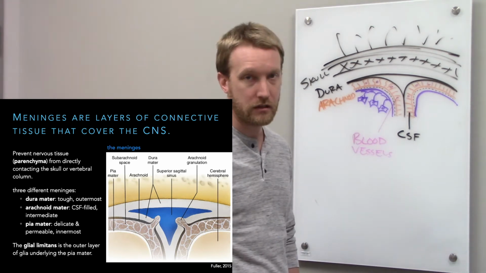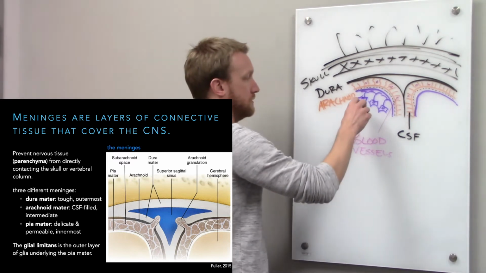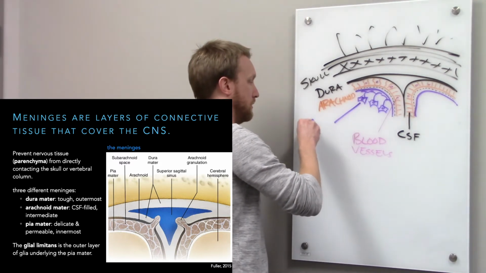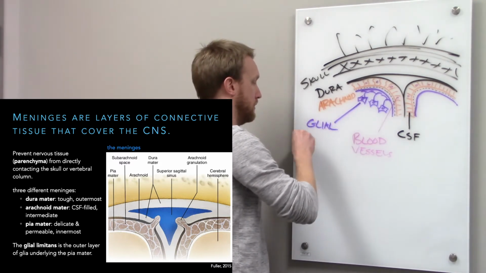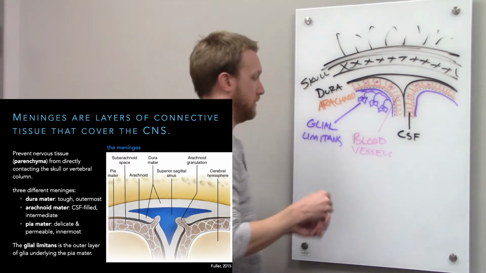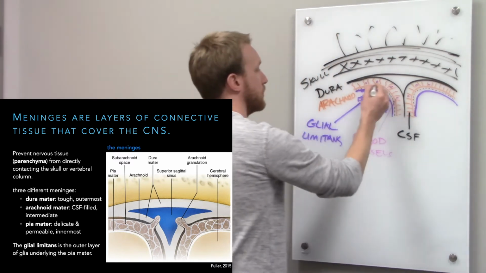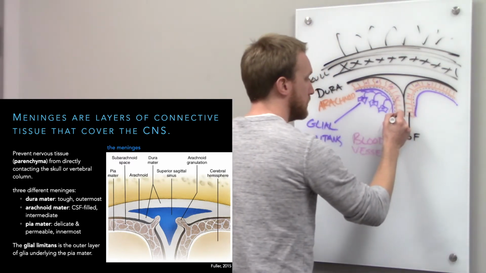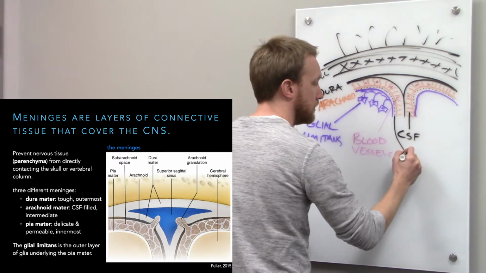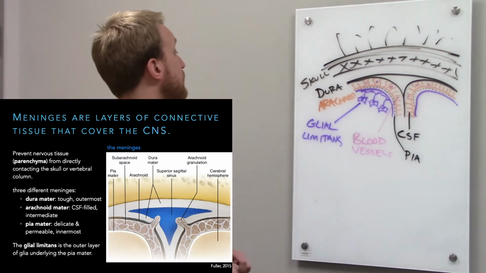They're delicate. What we put out there are the glia. Oh, yeah, I know I said the pia isn't really that important, but I might as well label it. It doesn't deserve much of a label, but we'll give it one.